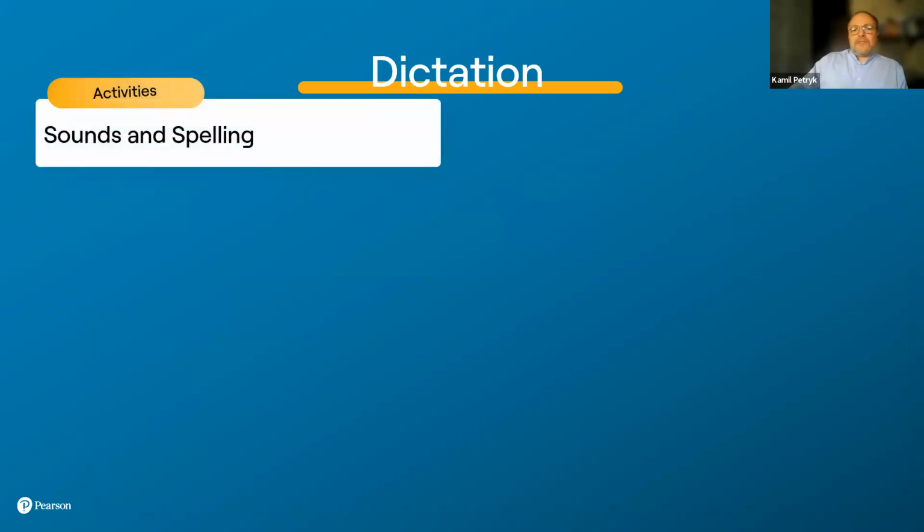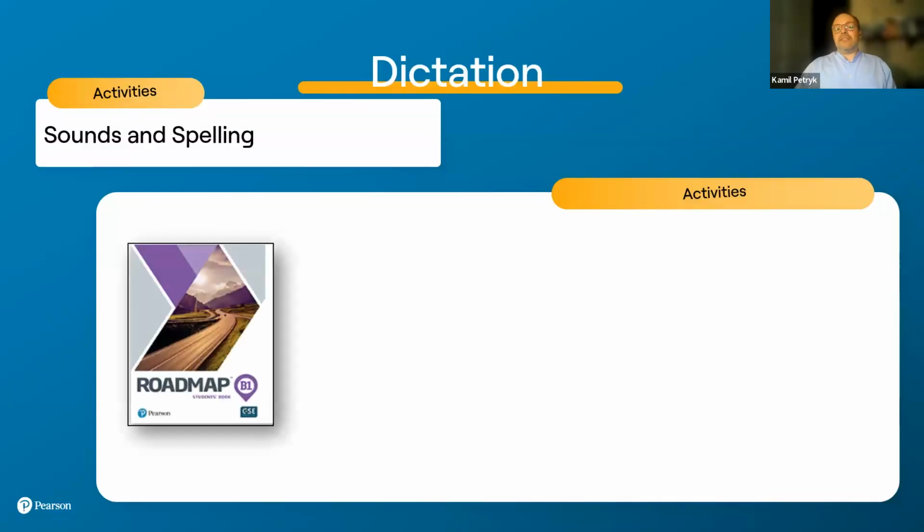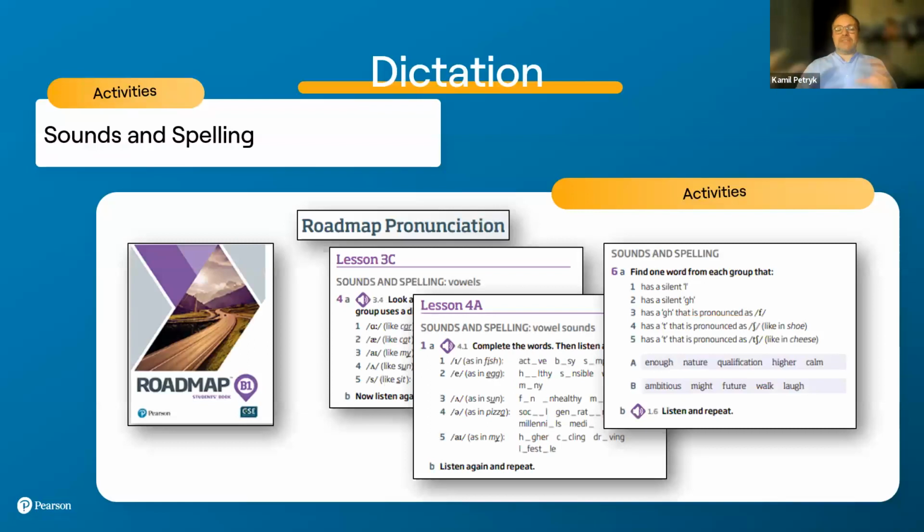Also, don't forget, don't ignore tasks. If you are using some courseware, there are a lot of tasks that combine sounds and spelling. For example, Roadmap has great pronunciation worksheets accompanying the course. And there are a lot of very nice activities showing the relation between sounds and spelling.